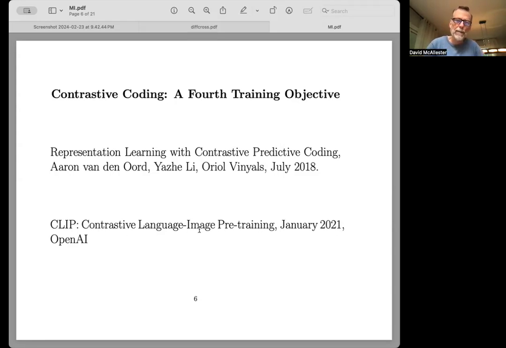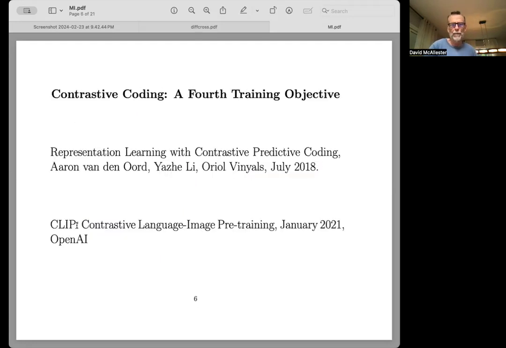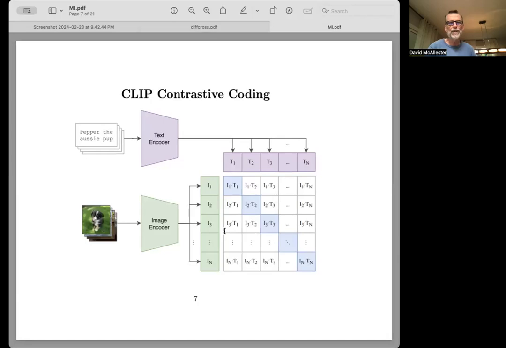What I'm going to do is start with the paper on CLIP, because I think it's simpler and the intuition is clearer. CLIP abbreviates Contrastive Language Image Pre-training. We're going to take pairs of images and text.